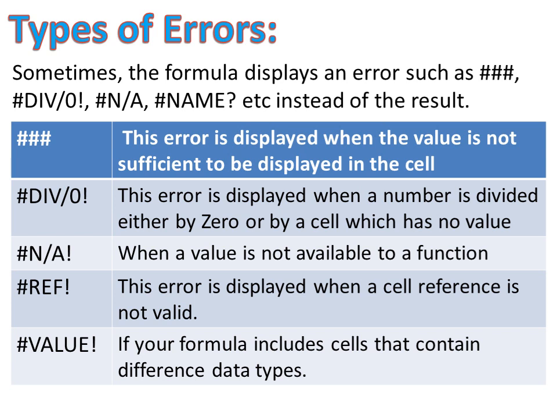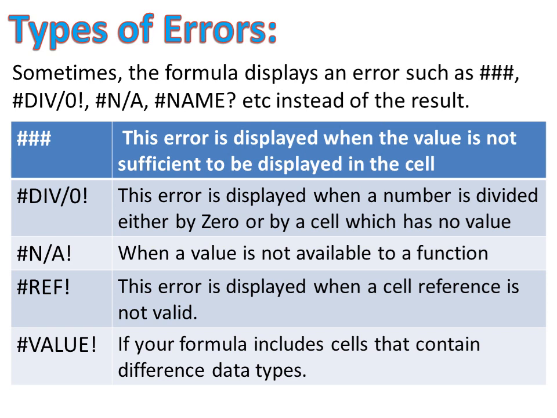If the hash symbols are displayed in a particular cell, you should understand that this error is displayed when the value is not sufficient to be displayed in the cell. If you want to remove these hashes, you can extend the column width.